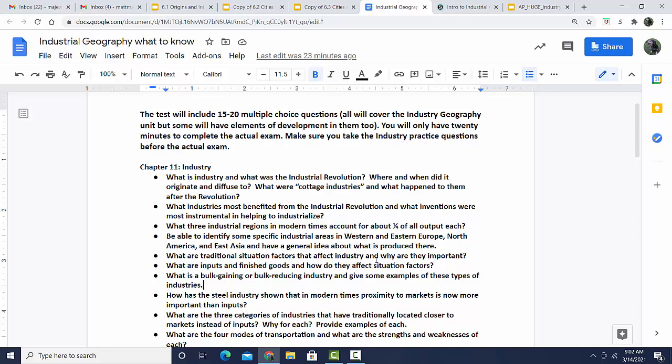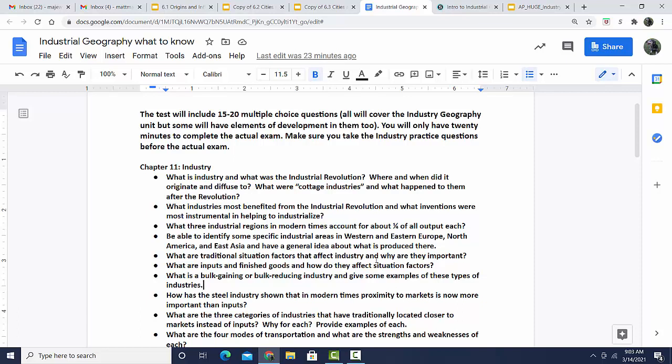So a lot of products are bulk reducing. I would say a lot more products are bulk reducing than the opposite. What do you do with bulk reducing industries? You locate them closer to where you get your resources. So you locate the iron mill and the steel mill generally closer to the iron ore pits.